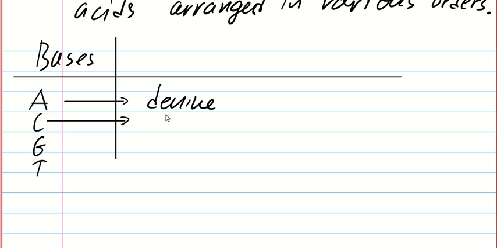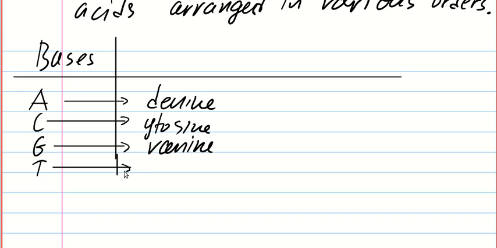C stands for cytosine, if I pronounce it right, I'm not 100% sure. G stands for guanine, and T for thymine. It's not crazy important for us, just to keep track of things.